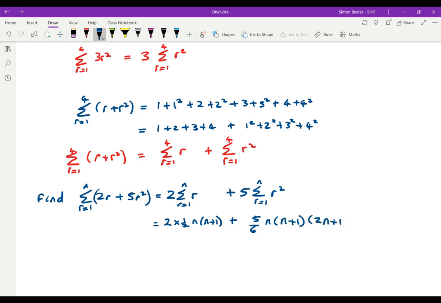So that's just using the formulae which are further up the page somewhere. I will do one little bit of arithmetic. 2 times a half is 1.